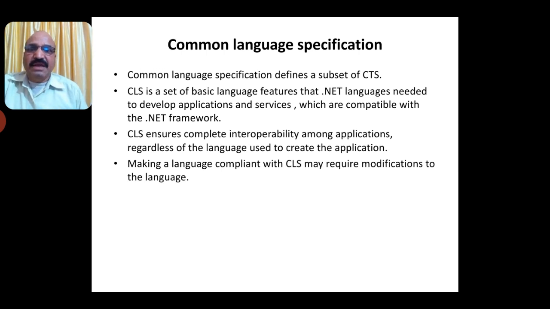Making a language compliant with the common language specification may require modifications to the language. The changes made to Visual Basic to make it a first-class citizen of .NET are a good example because they required numerous alterations.